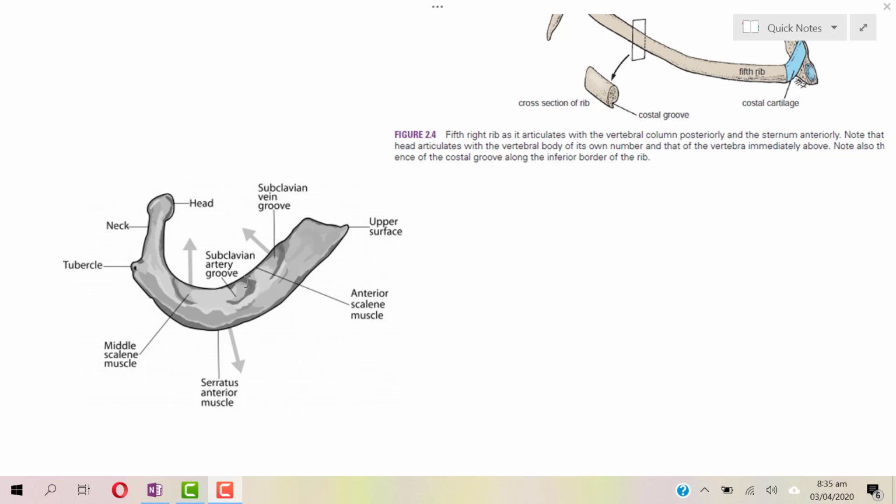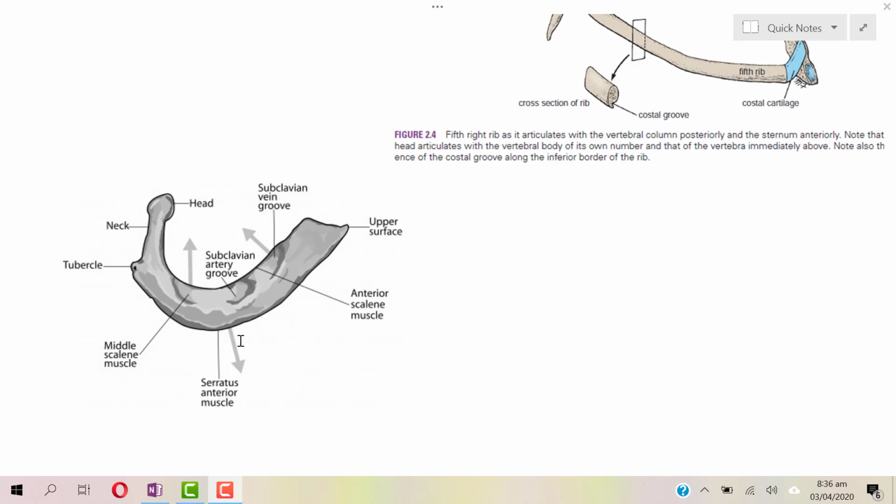There is a scalene tubercle, which is not very clear here. That scalene tubercle is on the inner border, in between the subclavian vein groove and the subclavian artery groove. It gives attachment to the scalenus anterior muscle.